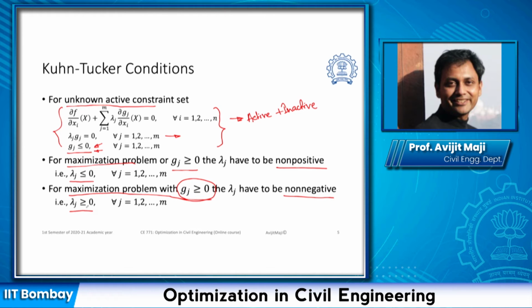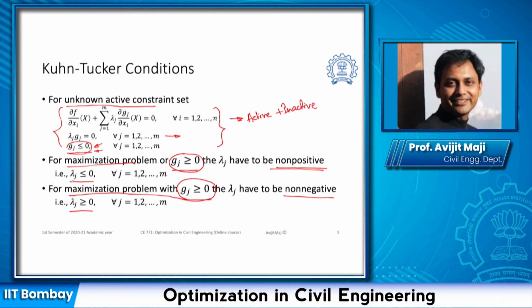In case of a minimization problem with the constraints greater than or equal to 0, or the maximization problem with constraints less than or equal to 0, my lambda values are going to be non-positive. That means my lambda values are going to be less than or equal to 0.